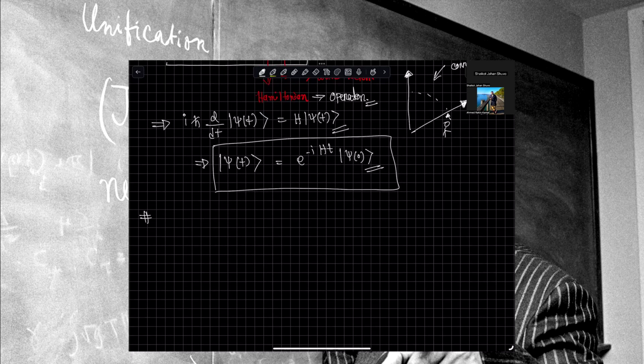So this psi again is an abstract thing. If you are familiar with 2D or 3D vector mechanics, if you had a vector like this in the xy plane, you could always project it on the x-axis or y-axis.